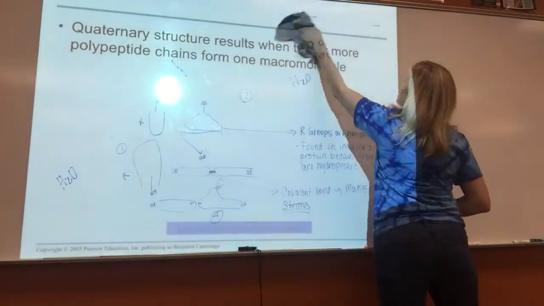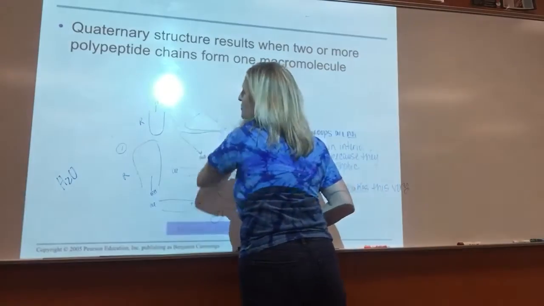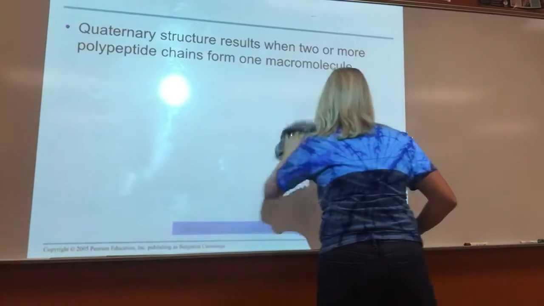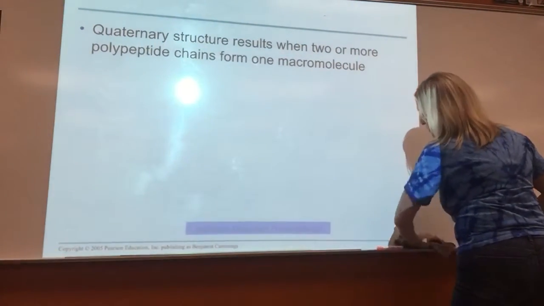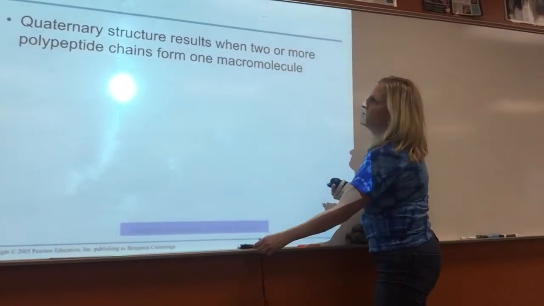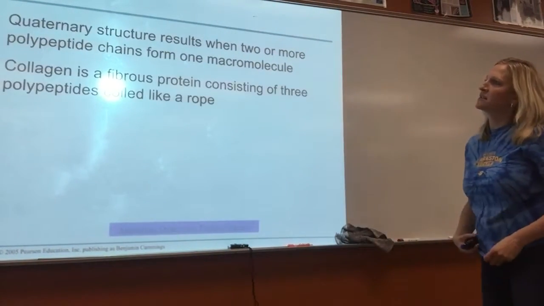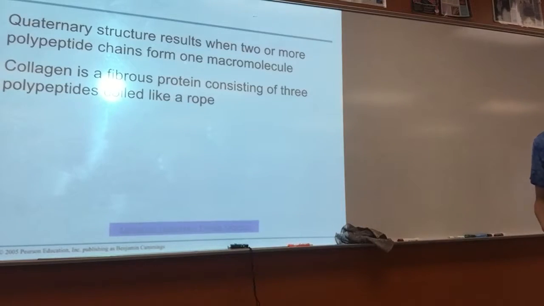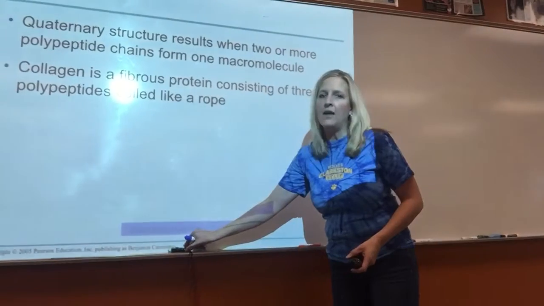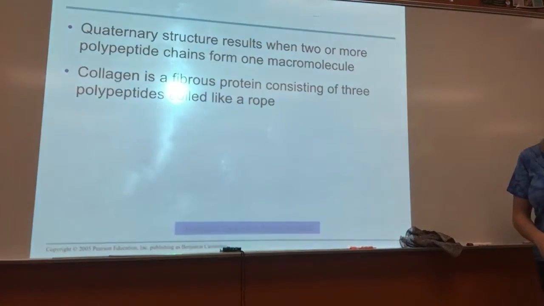So let's look at the quaternary structure. Some proteins go into this. This is the fourth. This is, remember, the multiple polypeptide chains. And so an example, I haven't talked about collagen yet. Yesterday I used the example of hemoglobin.